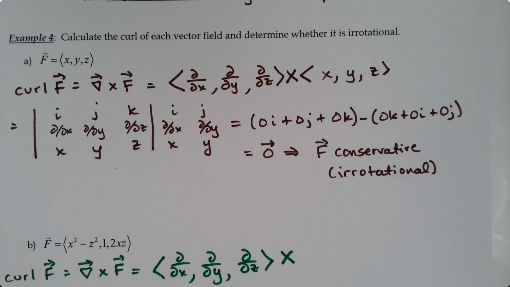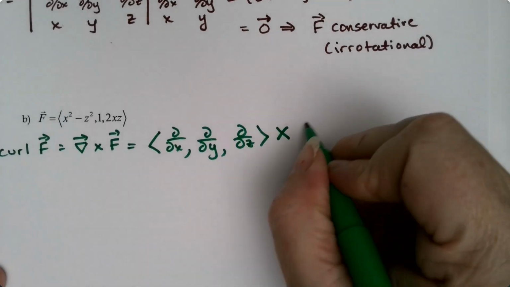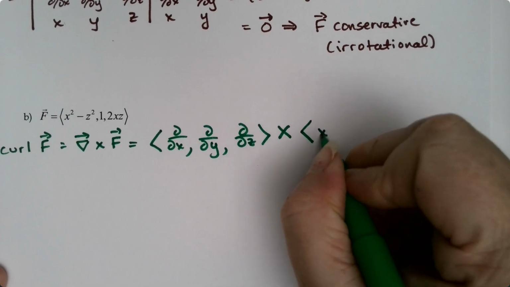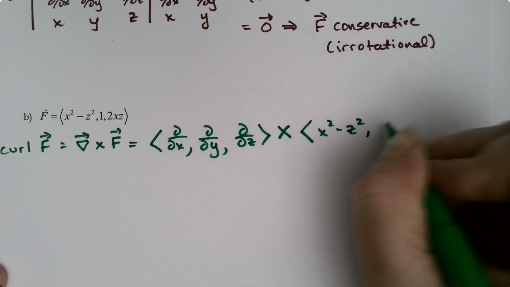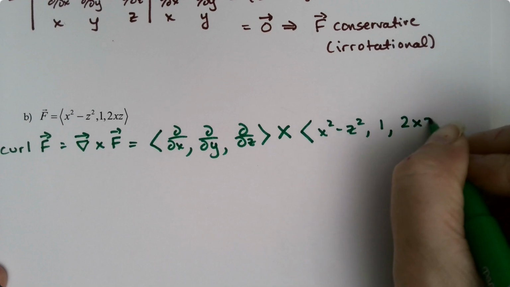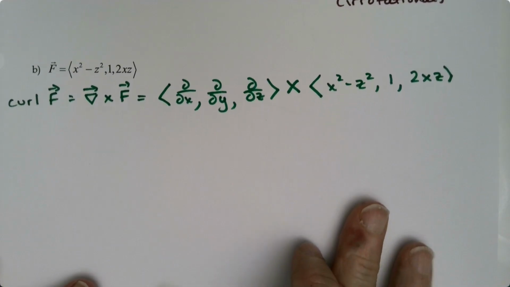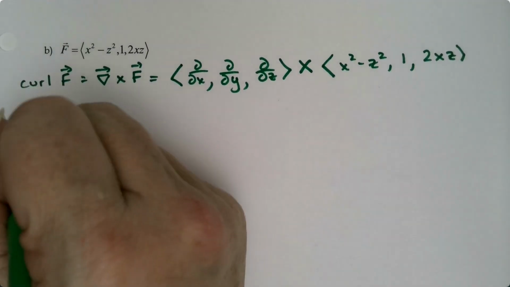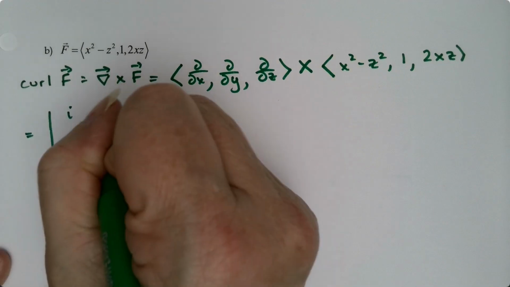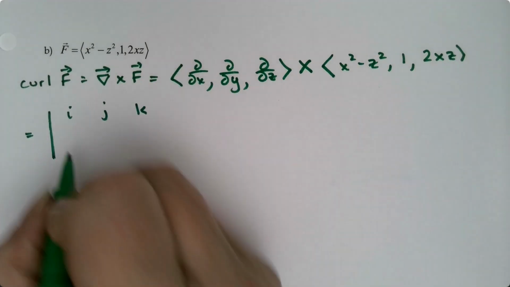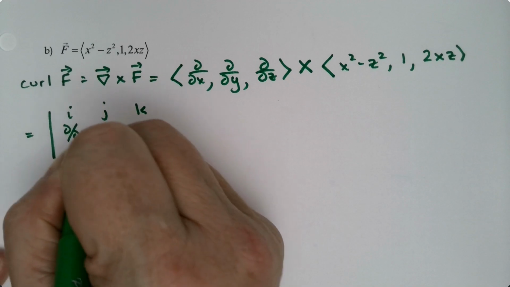It is a cross product. So cross product with x squared minus z squared, 1, 2xz. All right, so I don't have that formula memorized, but I do know how to find a cross product. So that's what I'm going to do.